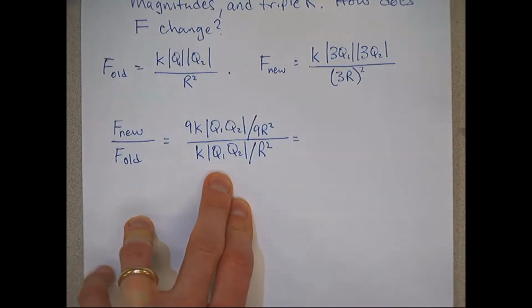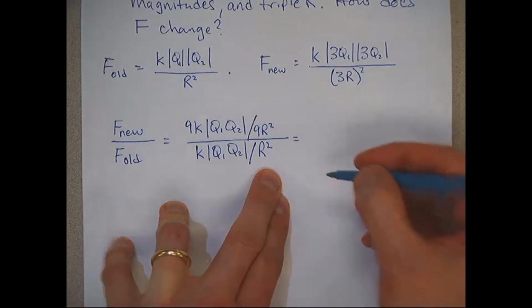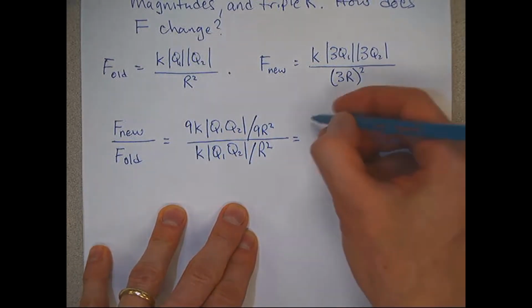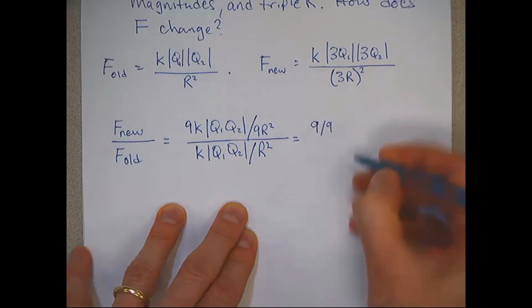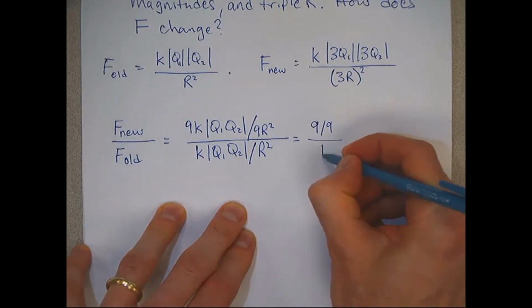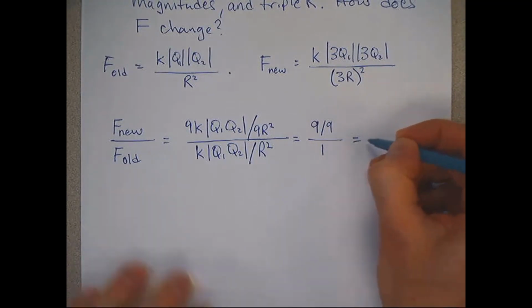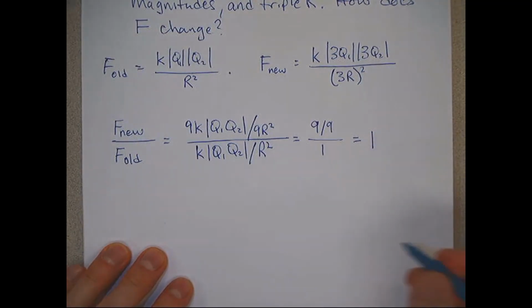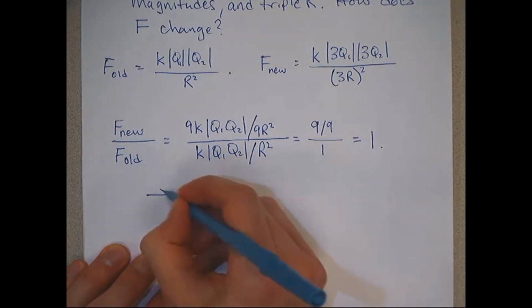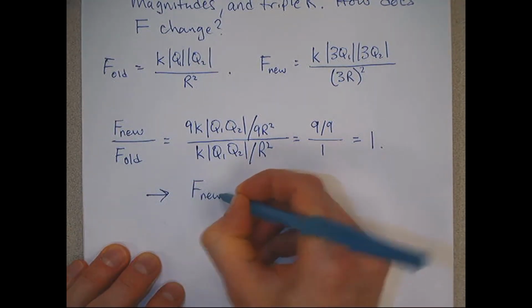K, Q1, Q2 magnitudes and R squared all cancel out. On the top we have 9 over 9. At the bottom we're just left with a 1. So we're left with this conclusion here that the force magnitude remains the same.